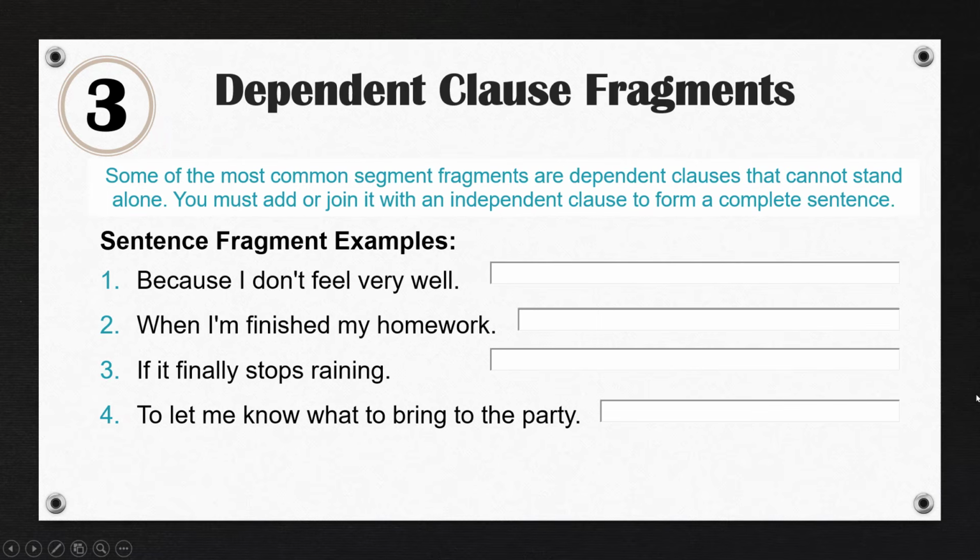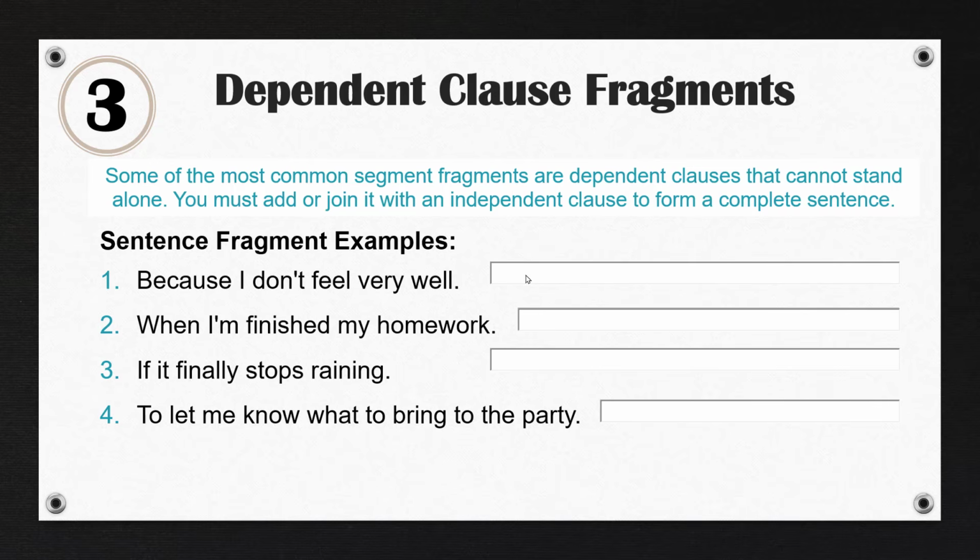So number 3 is a little more difficult. Dependent clause sentence fragments. Some of the most common sentence fragments are dependent clauses that cannot stand alone. You must add or join it with an independent clause to form a complete sentence. So an independent clause is a complete sentence. So if we look at number 1, because I don't feel very well, this is a sentence fragment. This is only the dependent clause.